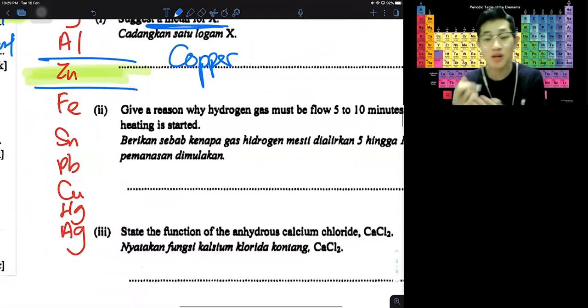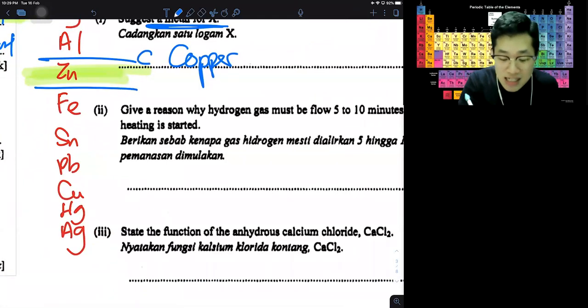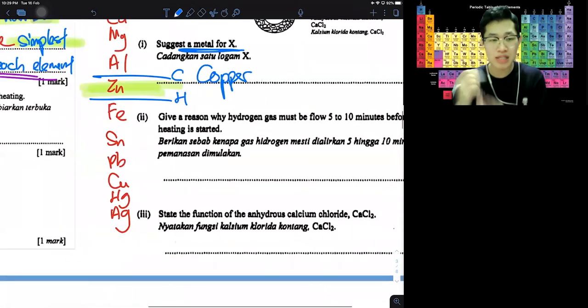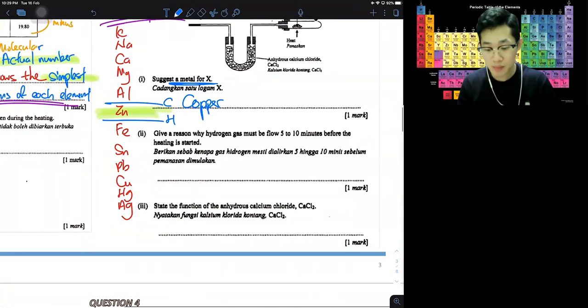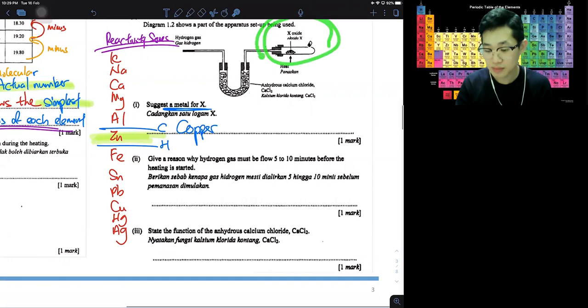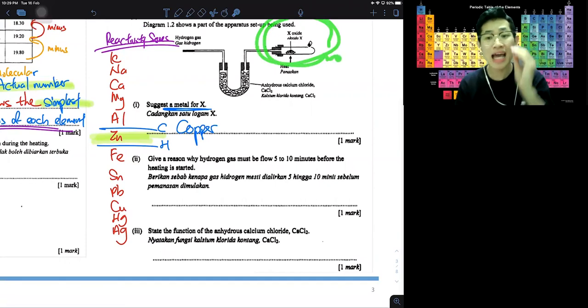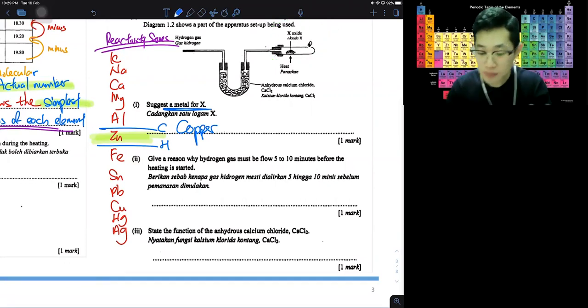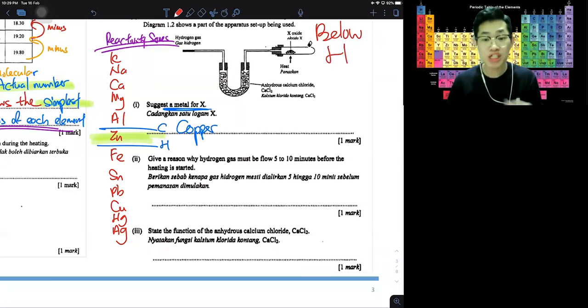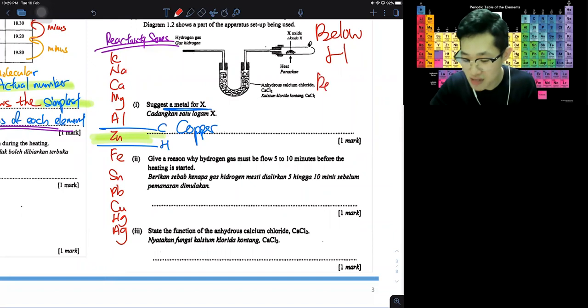And then the position of carbon and hydrogen is here, C and H. C followed by H. So why do I want to tell you this list? Is because what kind of metal can be used as X? Anything below H. Below H in the reactivity series, you don't go and use electrolysis.